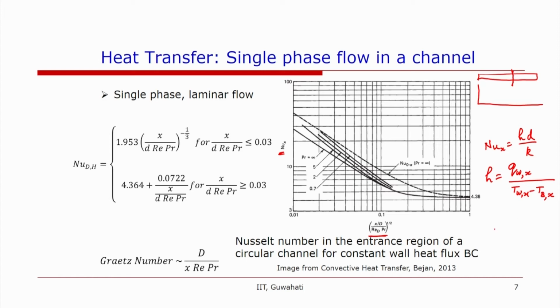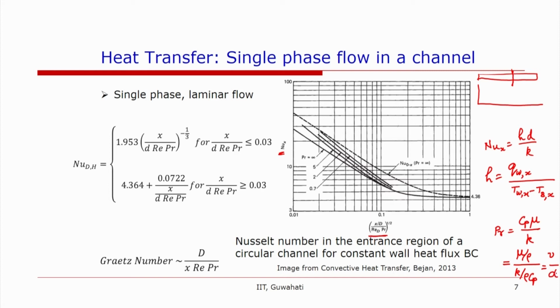So, all of you will know that Pr is defined as C p mu over k. Now, we can rearrange this as mu over rho divided by k over rho C p. So, mu over rho is known as kinematic viscosity or momentum diffusivity, and k upon rho C p is known as thermal diffusivity.